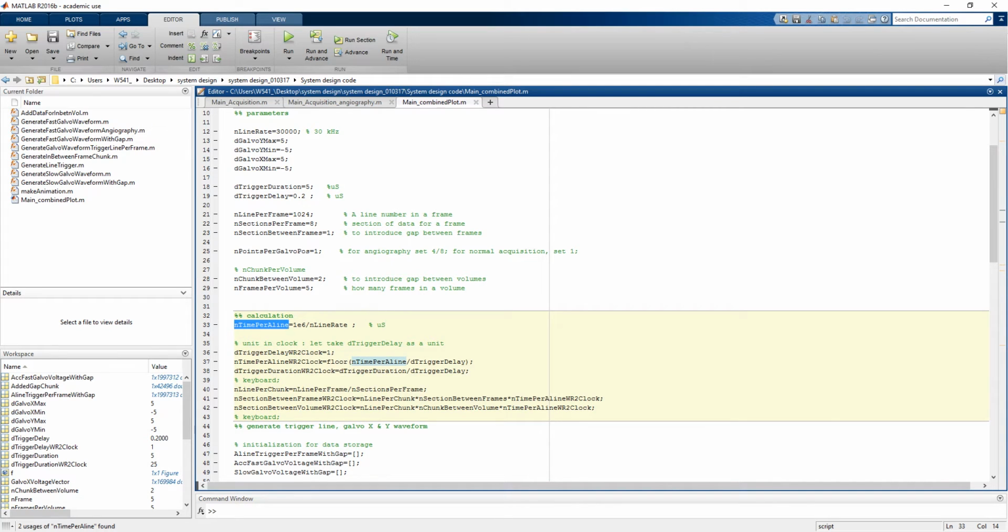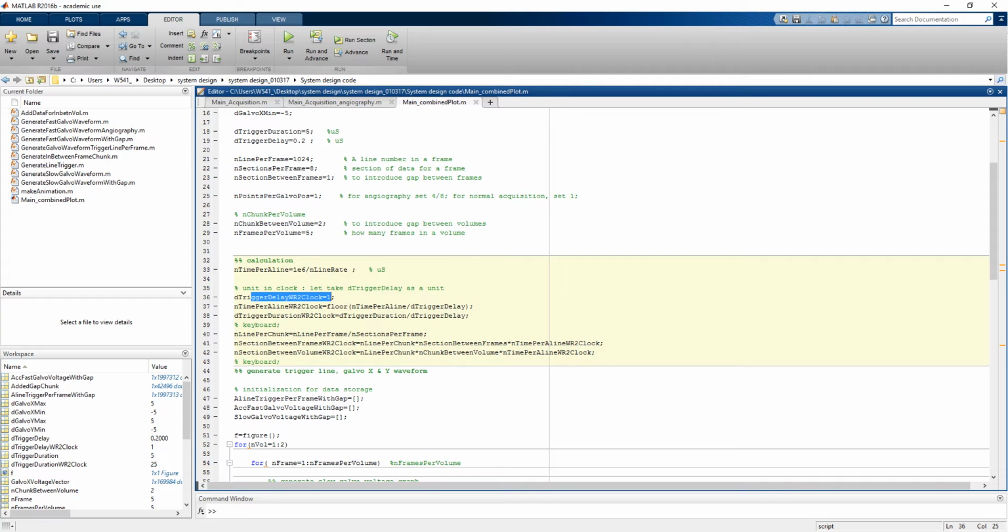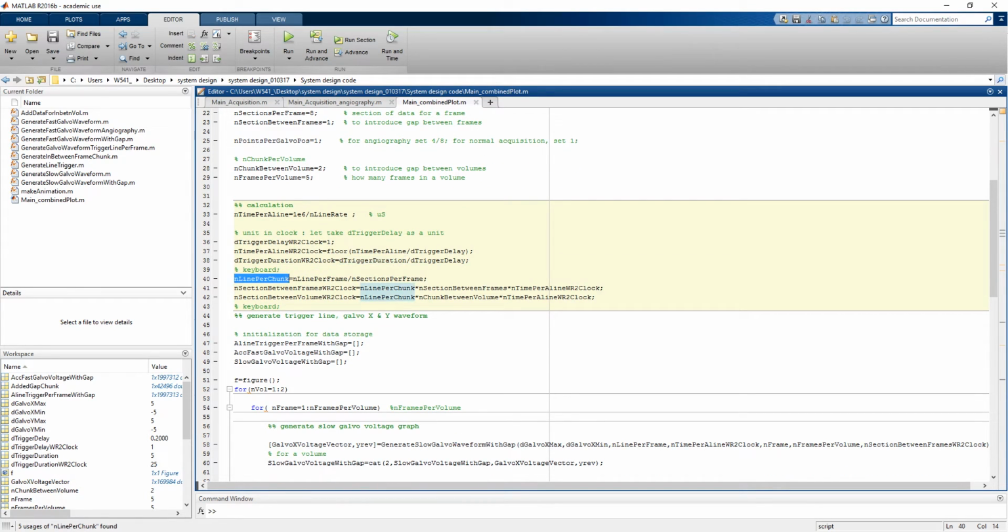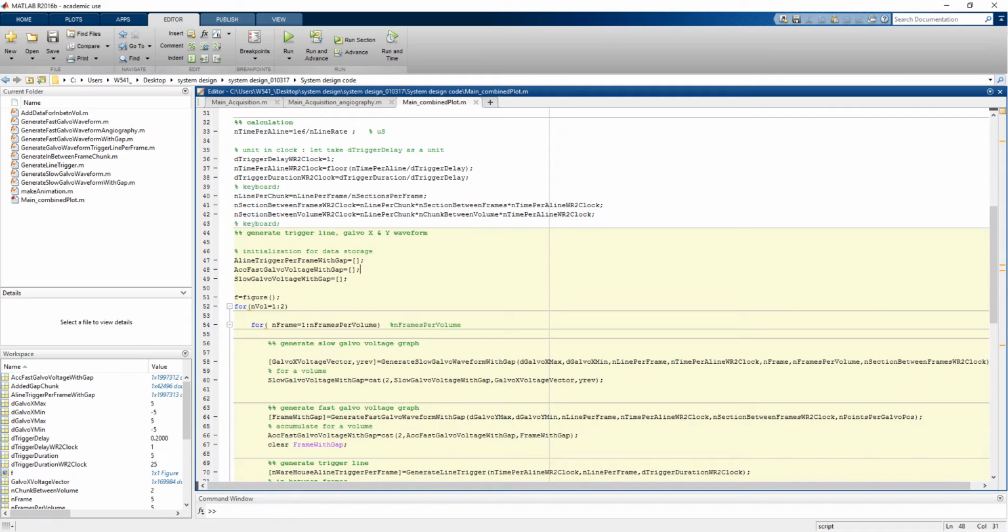Time per line: normally T equals 1 over f, and if we convert to microseconds, you multiply by 1e6. We are assuming the trigger delay with respect to the clock is 1. Then I convert every other time, including the chunk time, with respect to that.